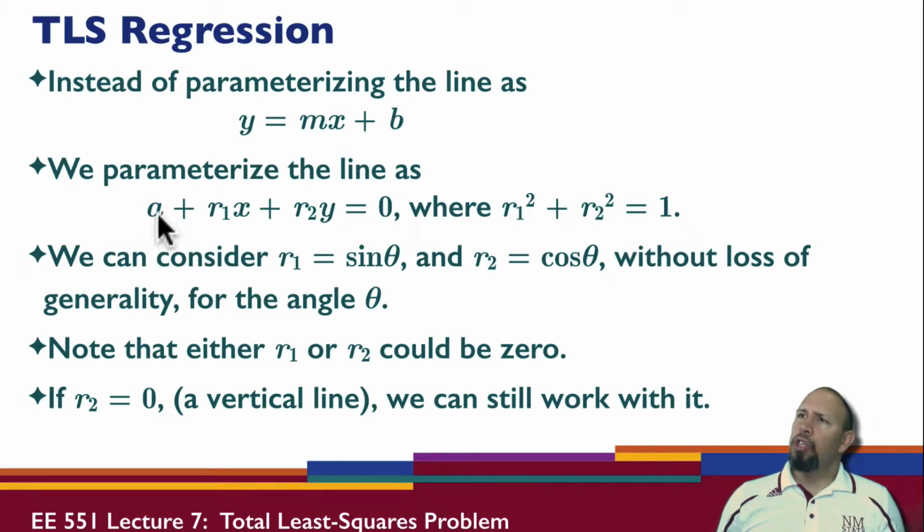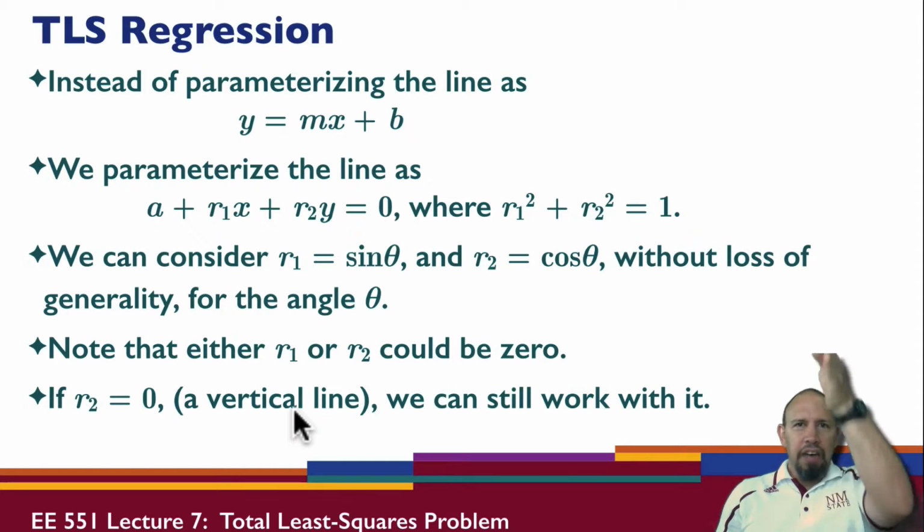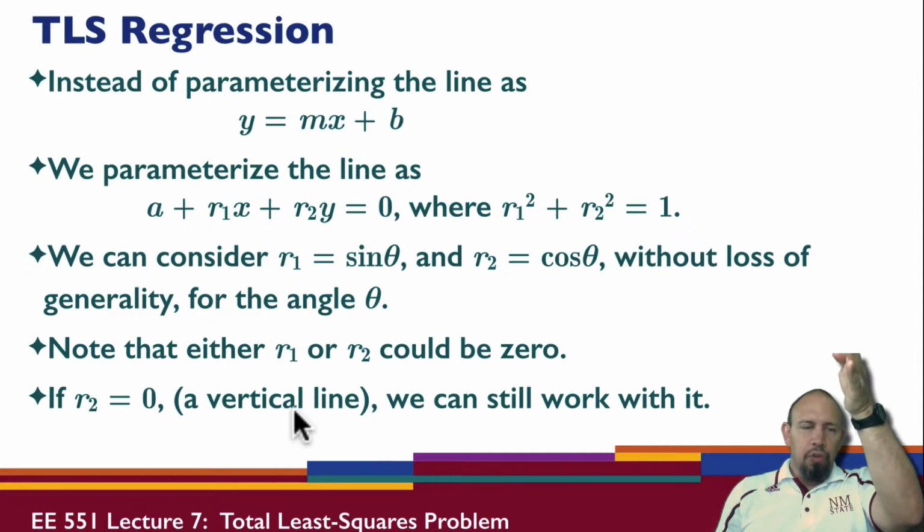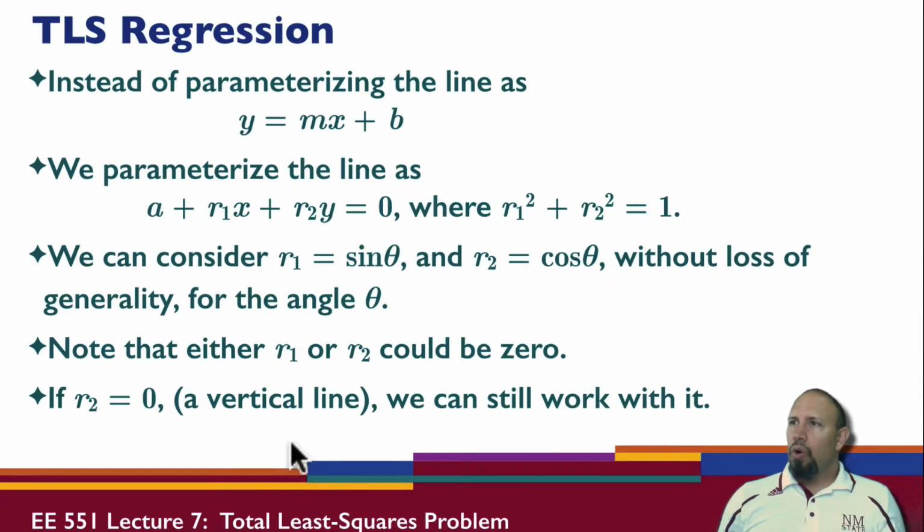The reason why we would choose to parametrize the line this way is because either r1 or r2 could be 0. Okay, so in particular, if r2 is 0, that basically corresponds to having a vertical line. There's no reason why you couldn't have data that gives you a vertical line. And so in the ordinary least squares, if we parameterize this way, that corresponds to having a slope of infinity, which is not reasonable.